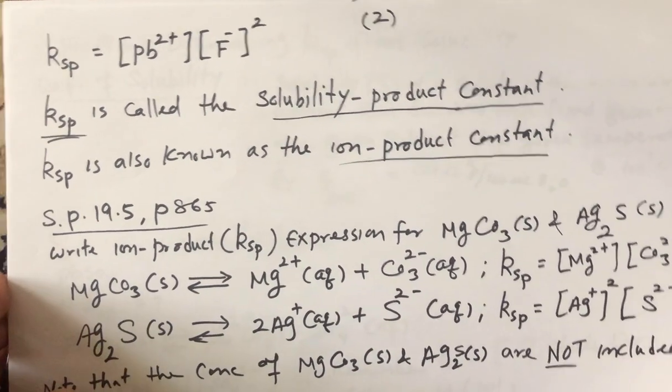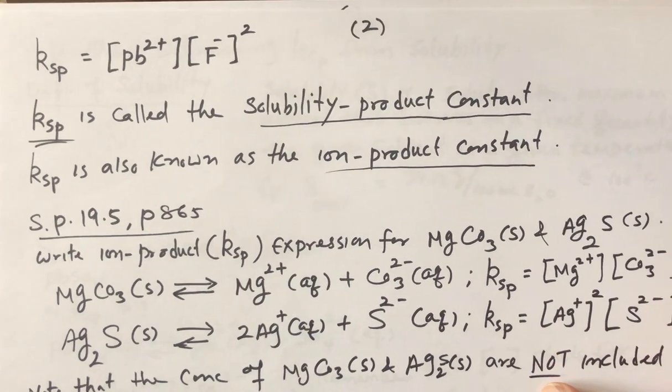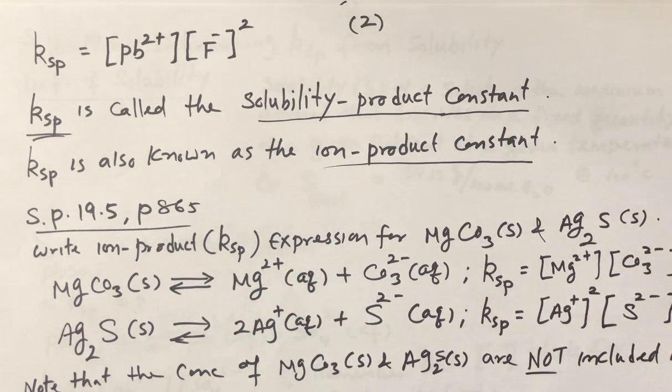You can see that the KSP can be written as [Pb2+][F-] squared, without the inclusion of PbF2, which is the pure solid and is the solute.